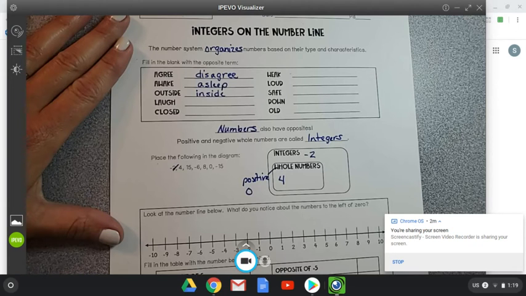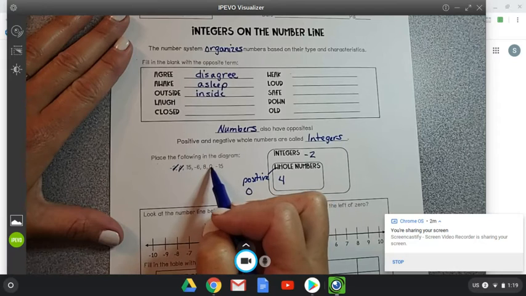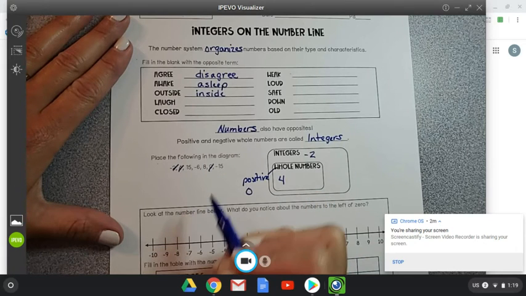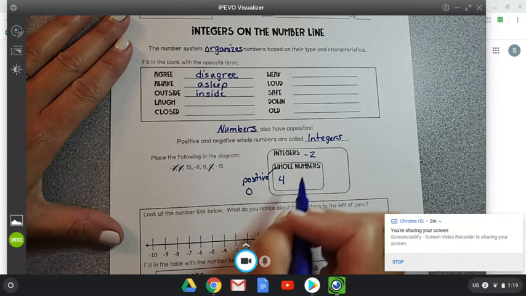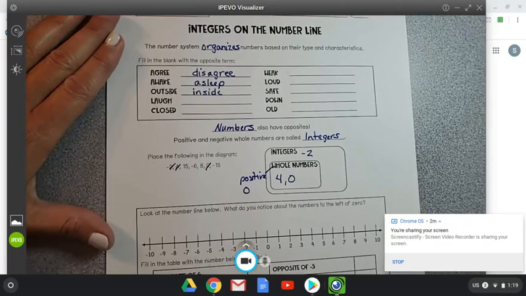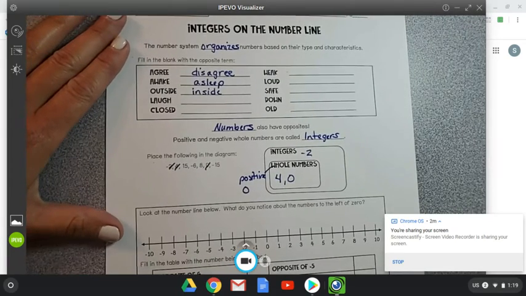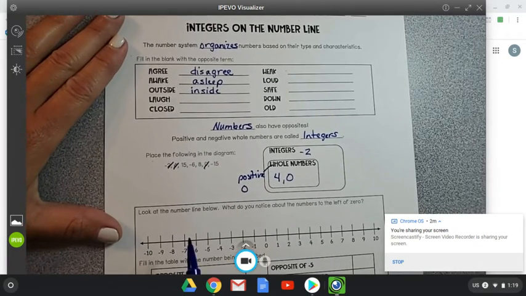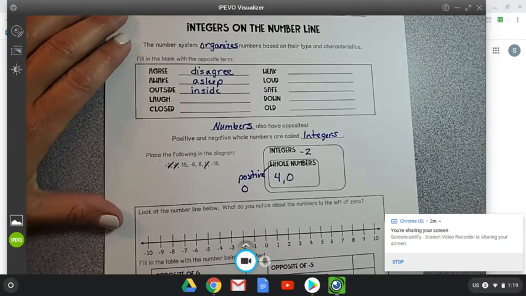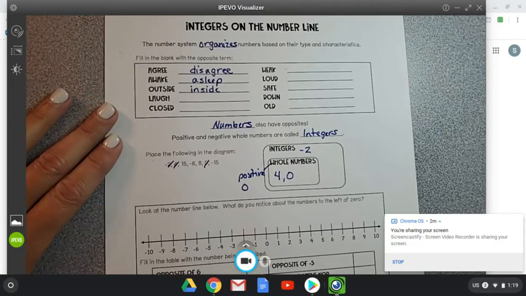And then I'm going to go ahead and place 0 for you guys because that is a special number, and that's going to go in the whole numbers part. Now I'm going to have you guys fill in the rest of those on your Ed puzzle.